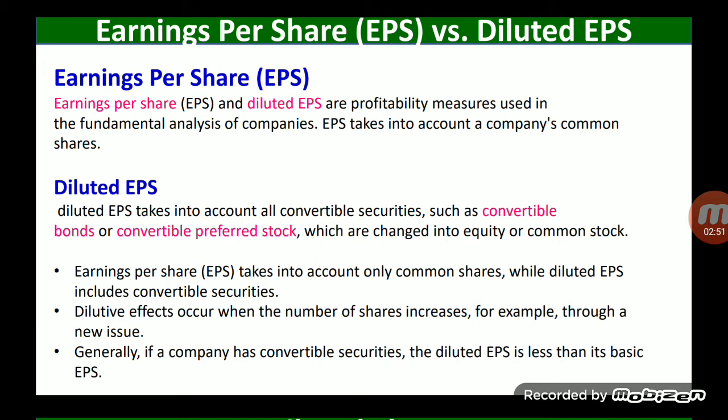If we calculate earning per share, we divide total net income by the common shares. And if we add to the denominator, that is to the common shares, then the EPS value calculated after diluted shares will be less than the basic EPS value.